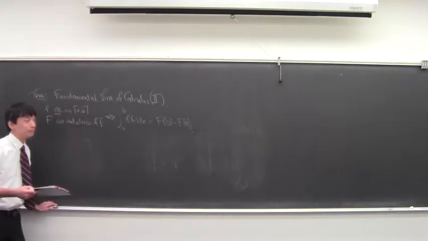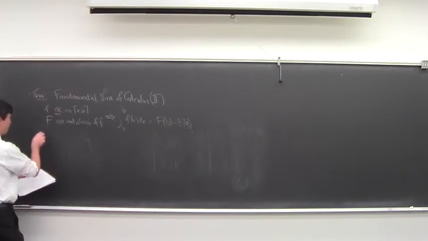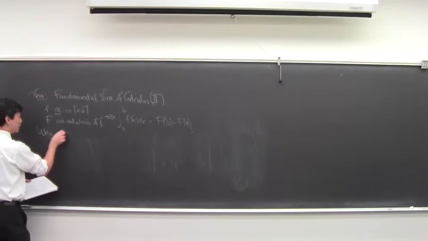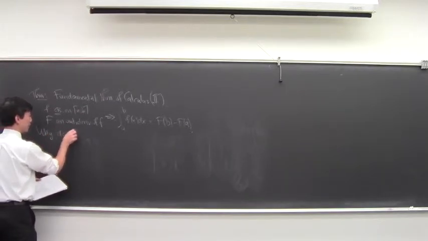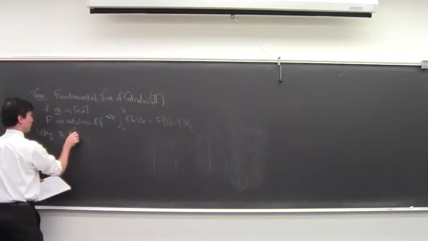Okay. So do we have time to talk about why this happens? I hope so. Let's try. So why do we believe this? Why does this happen? Why is this true?